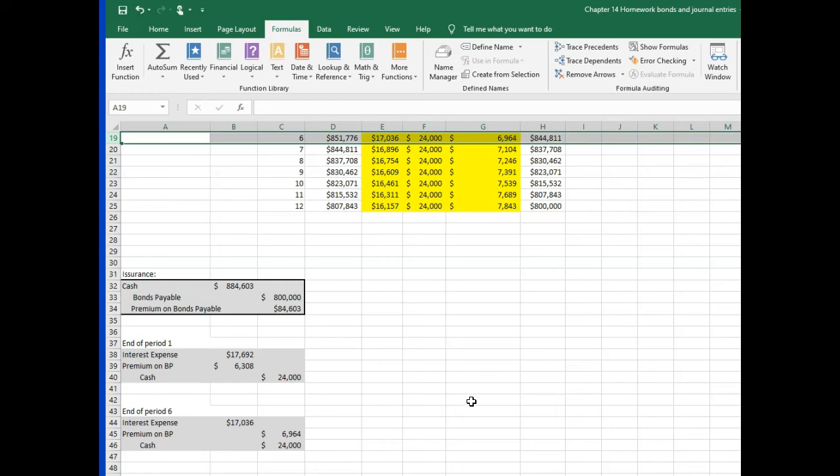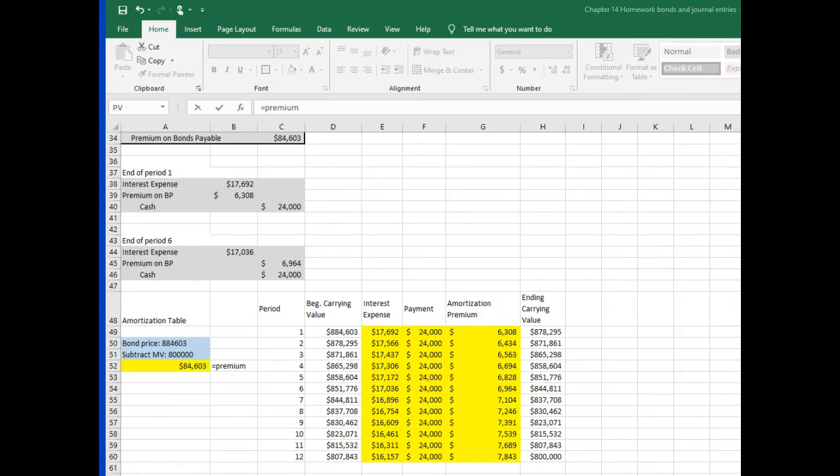And so our last thing to do is do the straight line amortization table. All I did was copy and paste the amortization table from above, and I'm going to make changes to do the straight line. So what I'm going to do is take away this column.